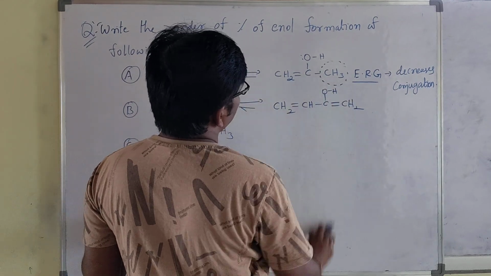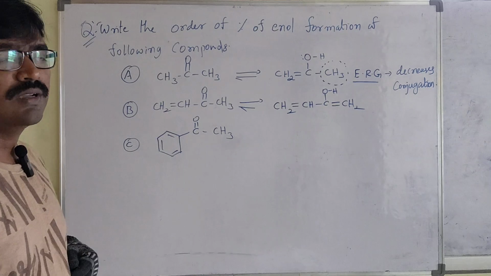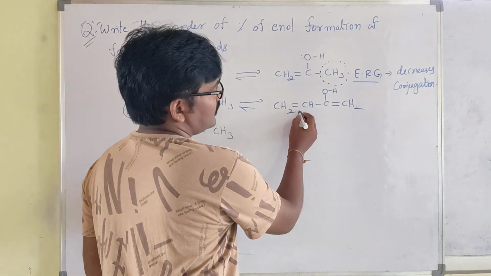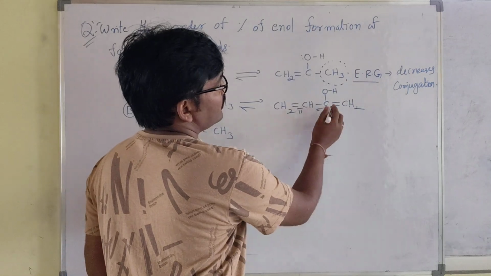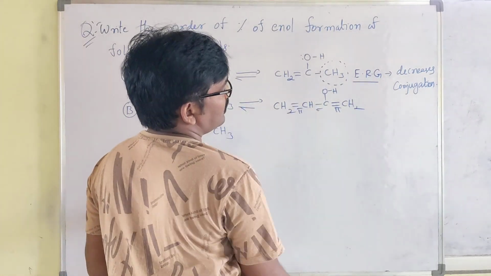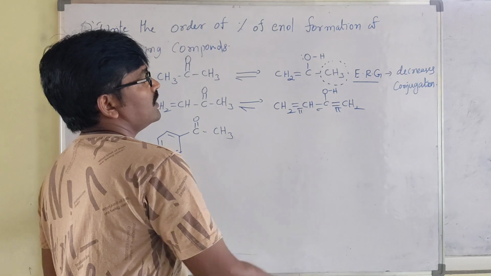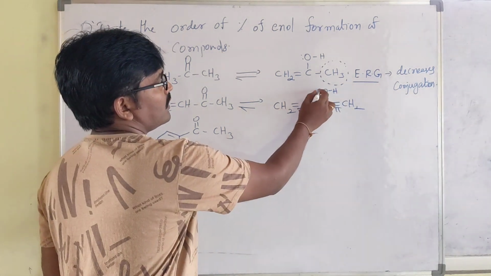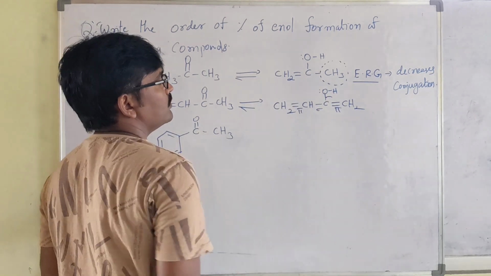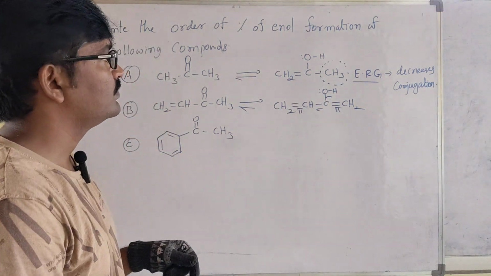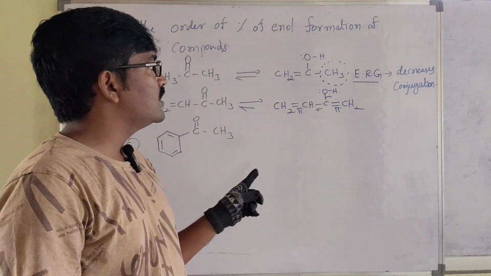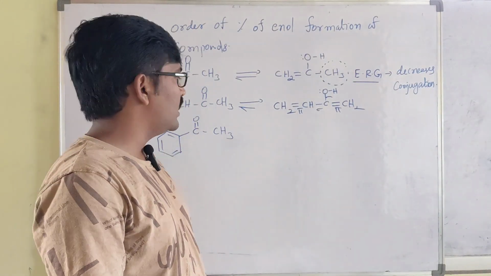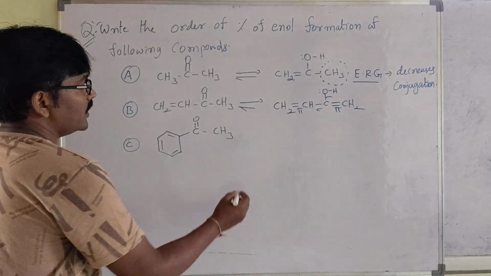In this case more conjugation will be observed: pi bond, then sigma bond, then pi bond, or otherwise lone pair of electrons, sigma bond, pi bond. So conjugation is there, but for this conjugation there are no electron releasing groups like CH3 or any releasing group.